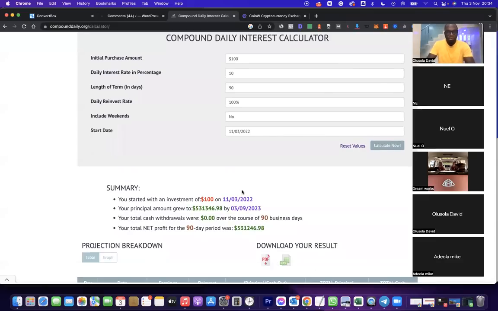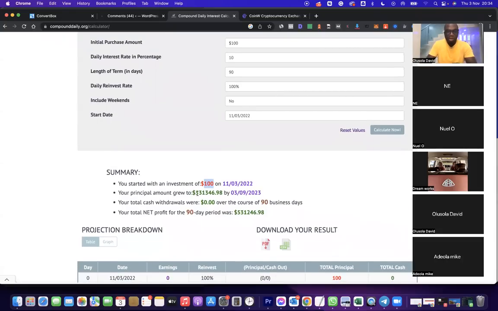So if we are starting with $100, as you can see, it says you started with an investment of $100, and what you're going to be making at the end of the 90 days is $531,346. I know that seemed like a big deal.